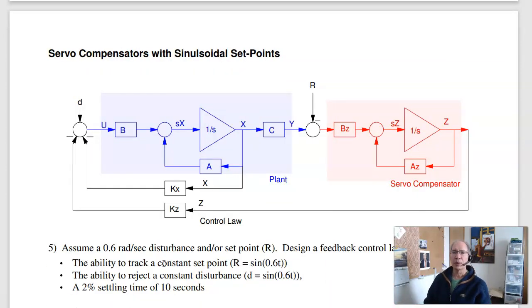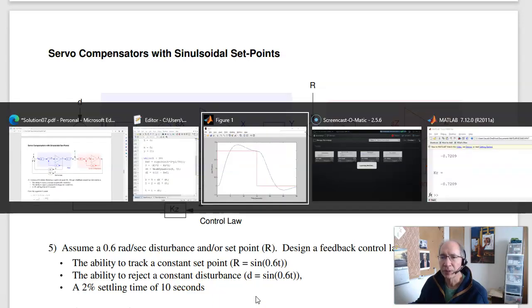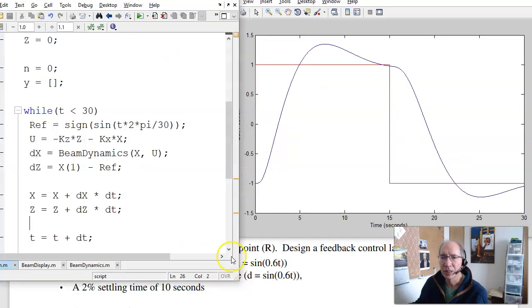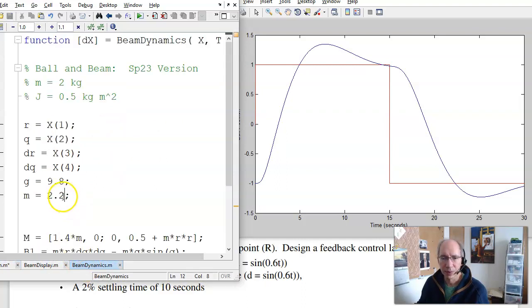Now, a problem with the current solution is it tracks a constant, but it does not track a sine wave. Again, let's go back to MATLAB. Change the set point to sine of 0.6 times t. If I have a sine wave rather than a constant, and let's bring it back to 2 kilograms, nominal case.